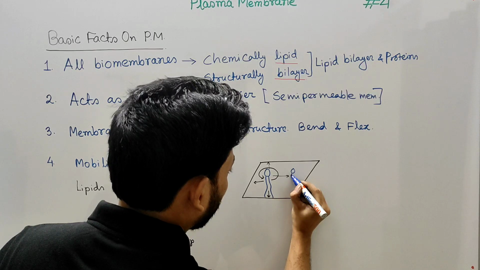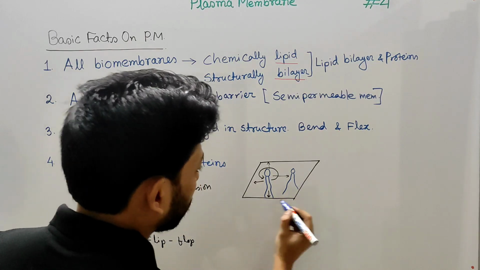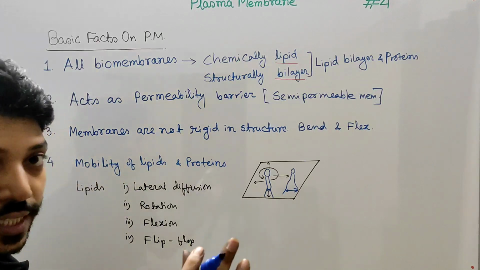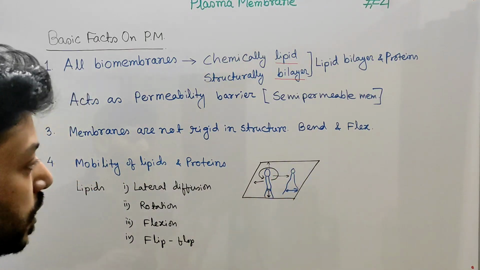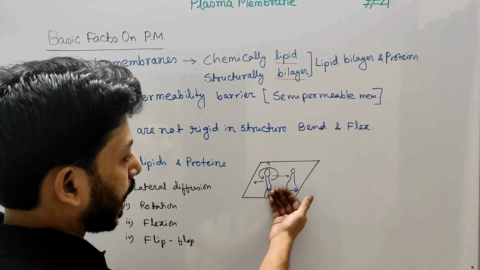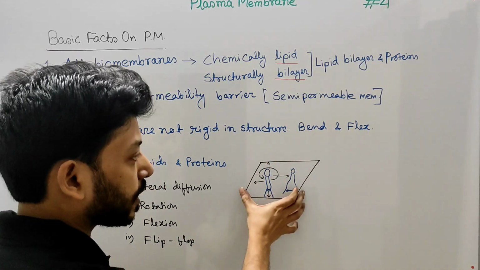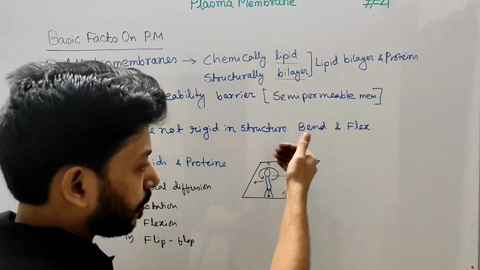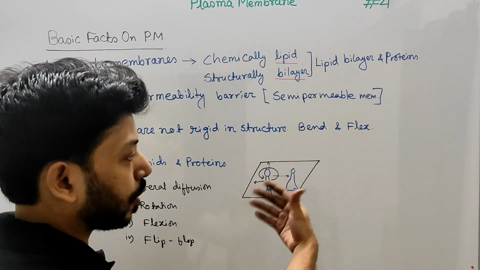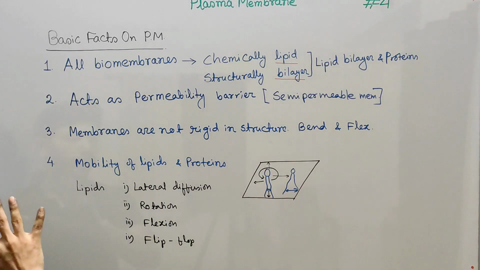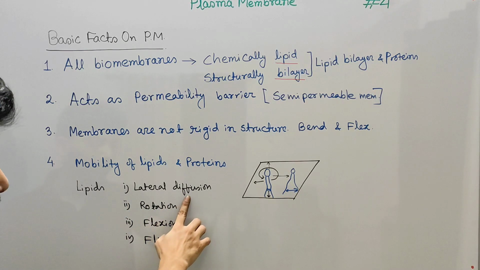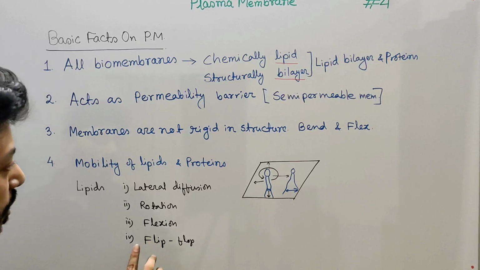That means it can stretch the fatty acids, so the length changes between the 2 fatty acids. So this is flexion. And flip-flop means when lipid molecules jump from one layer to another layer, from outer layer to inner or inner layer to outer, we call it flip-flop. So lipid molecules in the plasma membrane show 4 different movements: lateral diffusion, rotation, flexion, and flip-flop.